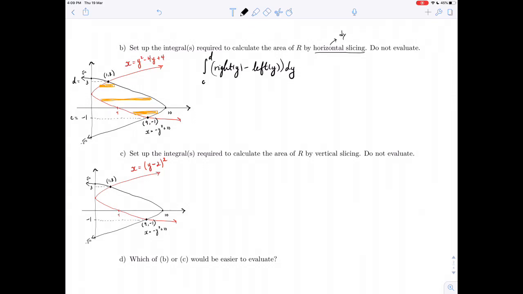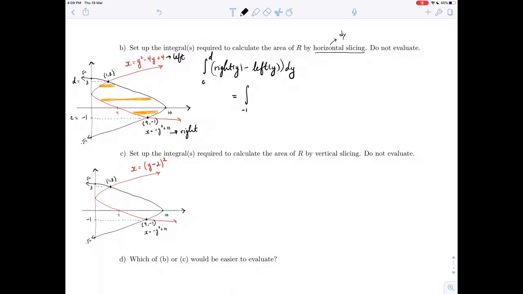The right curve is the parabola x is equal to minus y squared plus 10, and the left curve is the parabola y squared minus 4y plus 4. So I can go ahead and write those in.